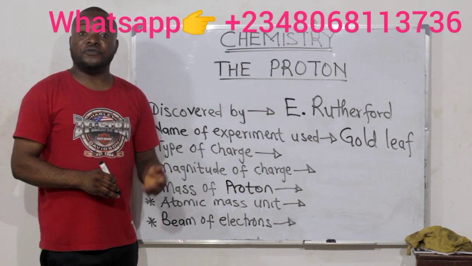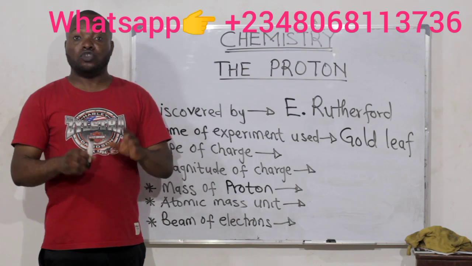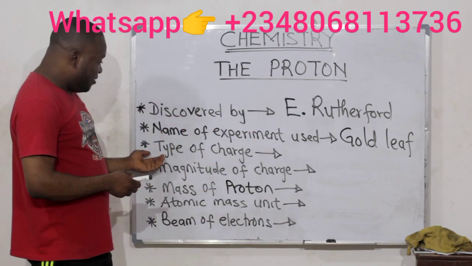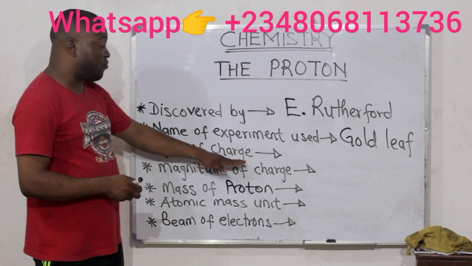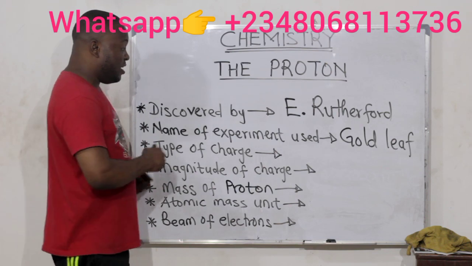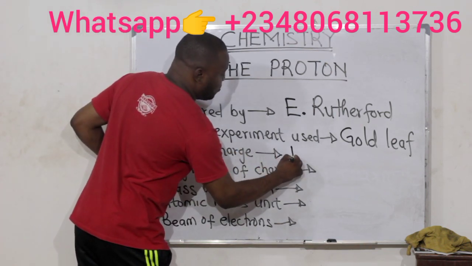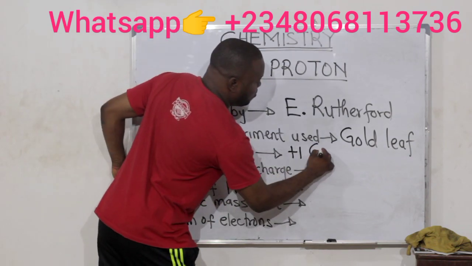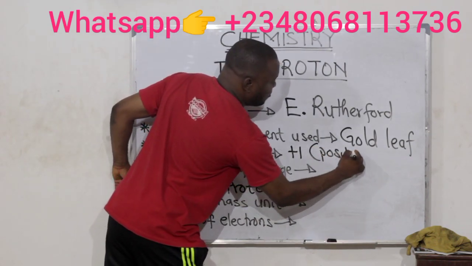That is the name of the experiment Ernest Rutherford used in the discovery of the proton. The next we have here is the type of charge present in a proton. And we said earlier that proton is positively charged, so we denote it as +1.